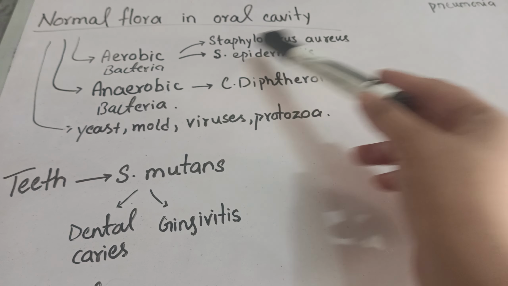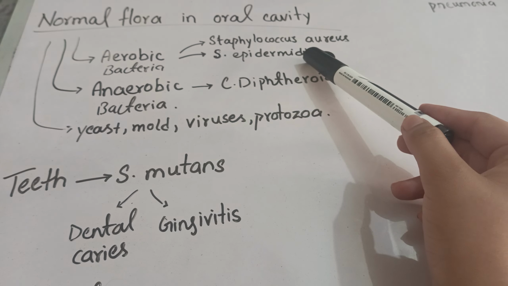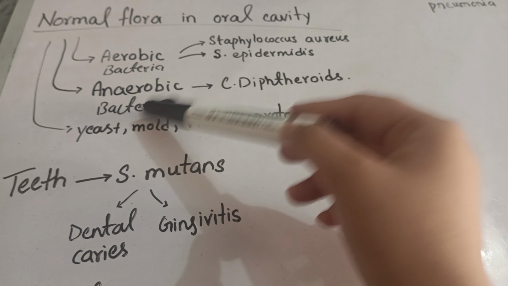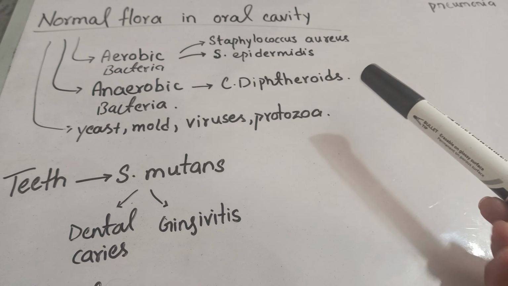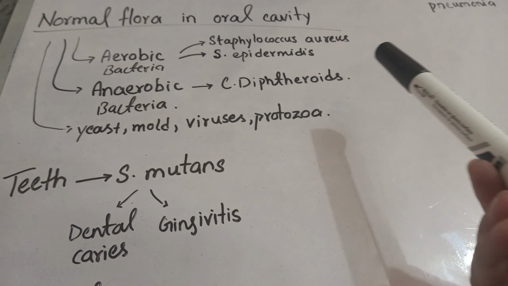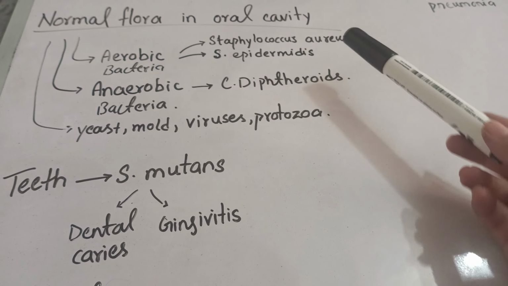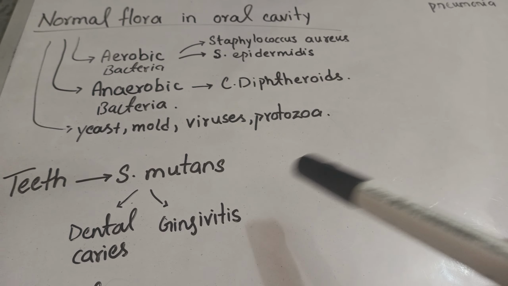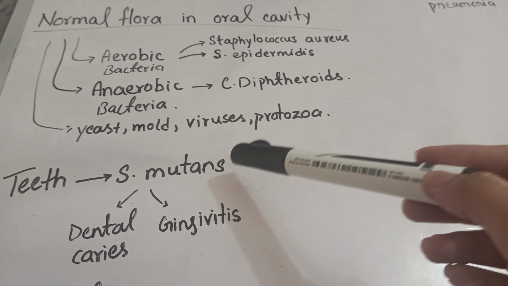The aerobic bacteria are Staphylococcus aureus and S. epidermidis, and among the anaerobic bacteria, Bacteroides species are also present, and we have studied that these are also present in the nose and throat, and also on your skin, eye and ears.